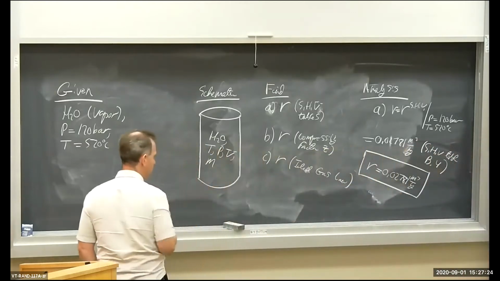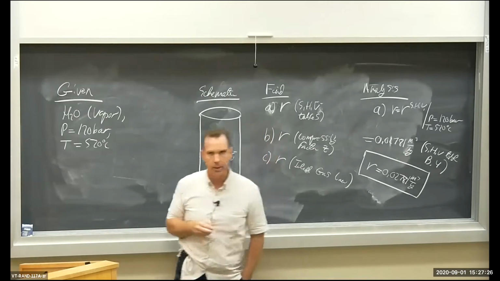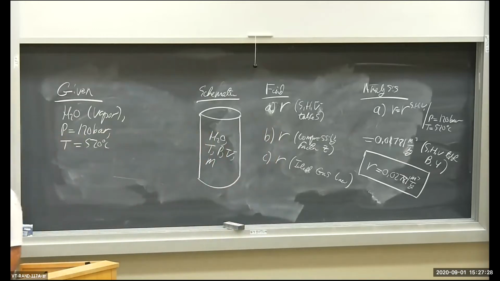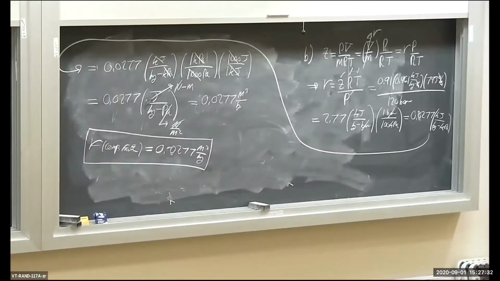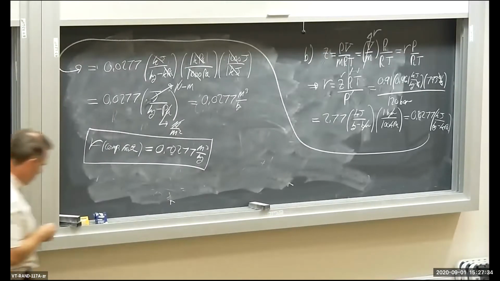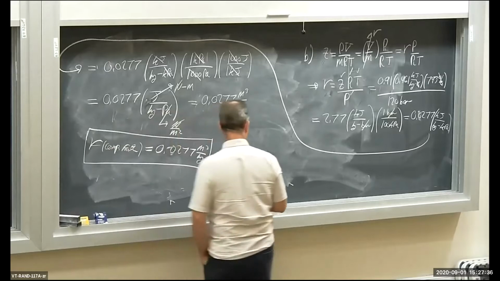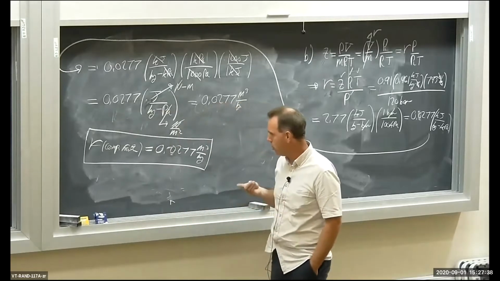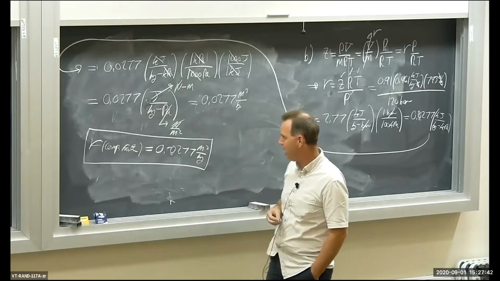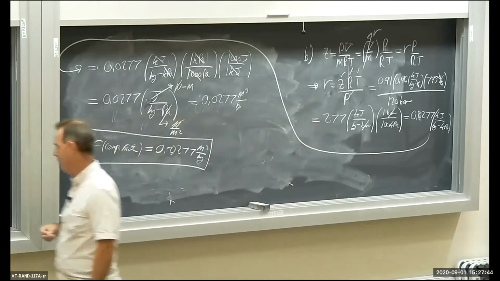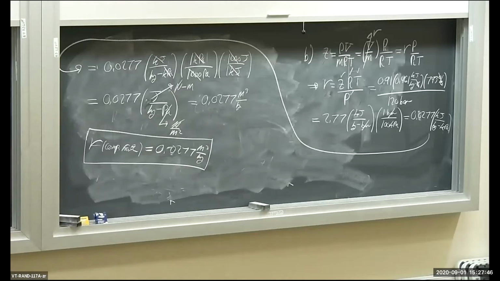That is the specific volume at that temperature and pressure. Using the compressibility factor Z, which we found to be equal to 0.91 using the chart, we get something very similar, 0.0277. Very close. And I was just eyeballing the chart.